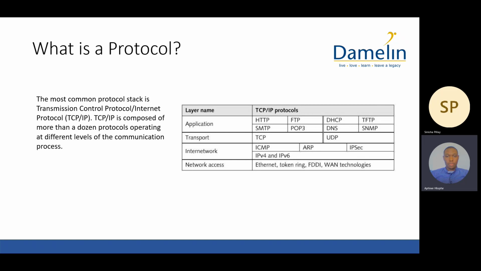But protocols like SMTP for sending email and POP3 for receiving email, you don't really interact with those directly, but you use some sort of application to send and receive emails. Okay, same thing applies with DNS and DHCP, but I'll save those ones for later on in the presentation.